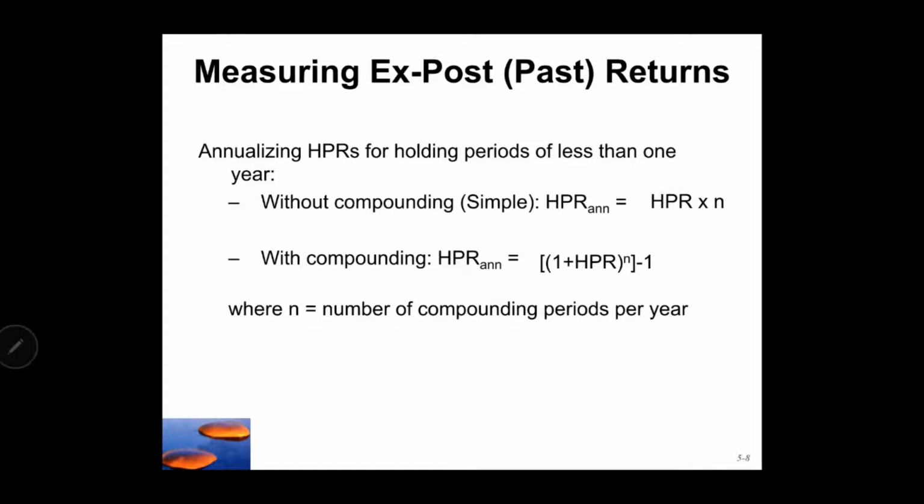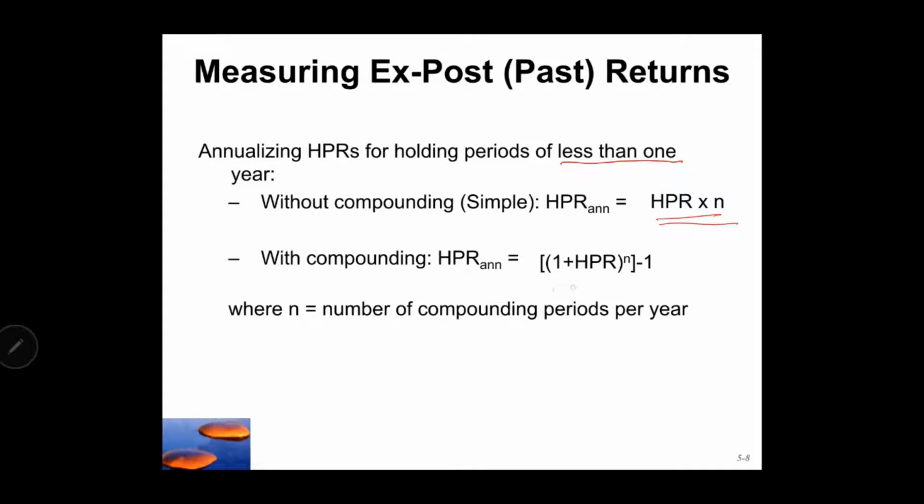So if your holding period is less than 1 year, how are you going to compute? So the simple HPR is HPR times n. In the previous case, if it was more than 1 year, what we have done, we have divided by n. In this case, what we are doing, multiplying by n.